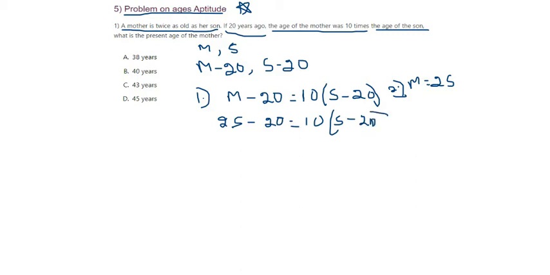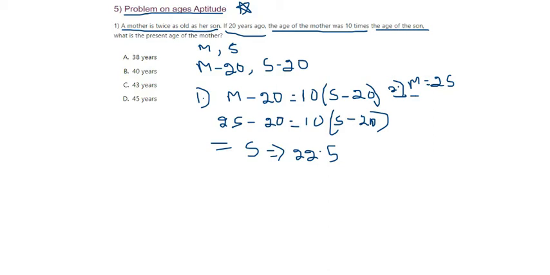Simple. When we calculate this, S, the son's age, is what remains. I'm not doing the calculation part as it's going to consume a lot of time, I'm leaving it to you. When you calculate, you will get the son's age as 2.5.